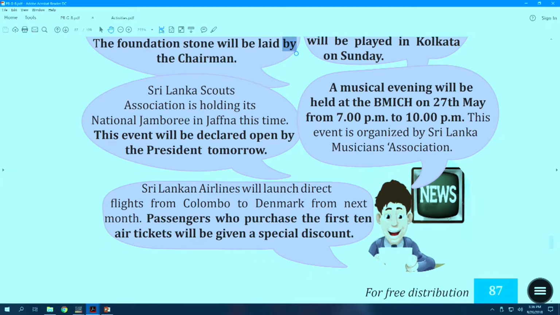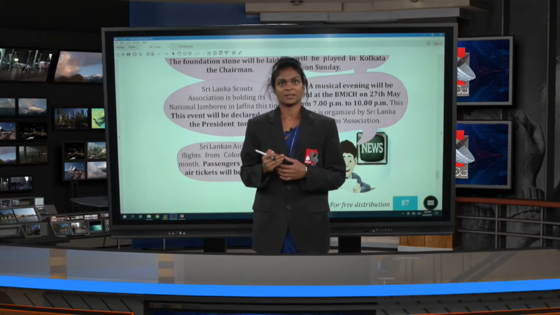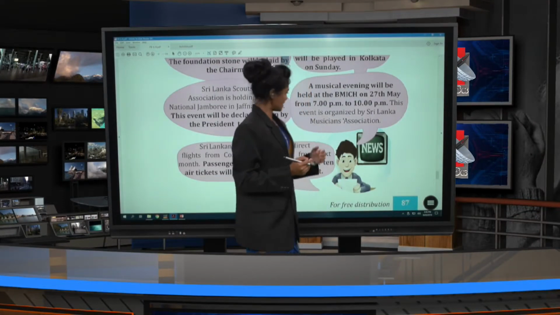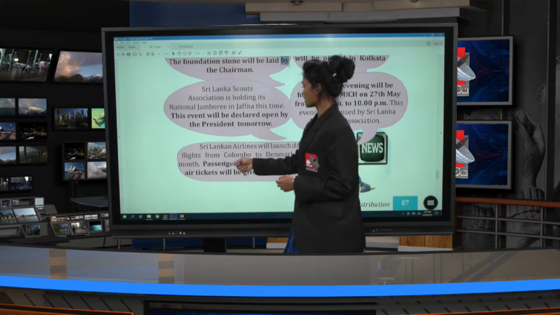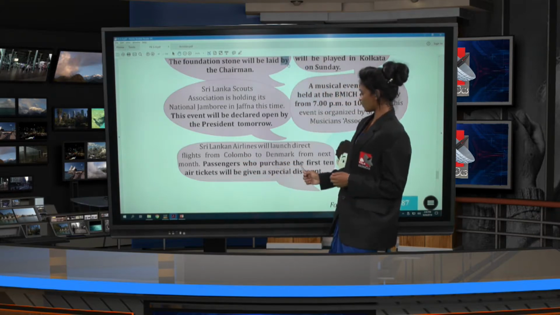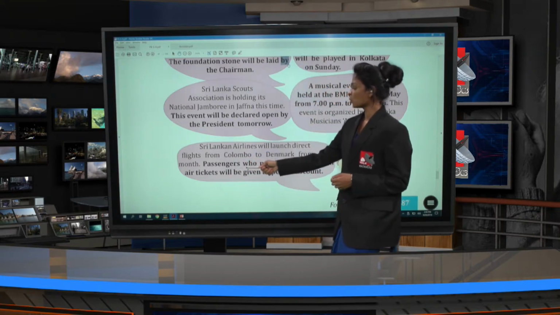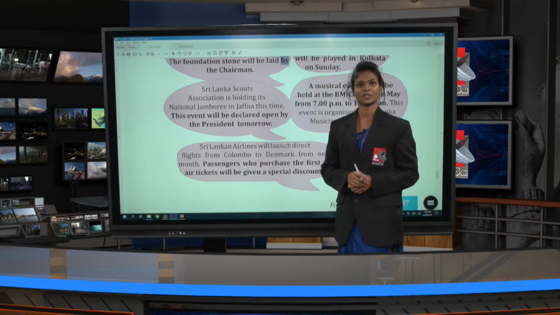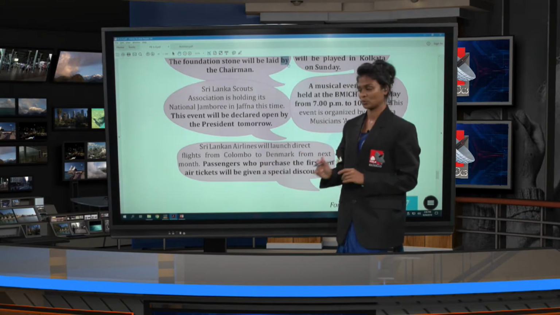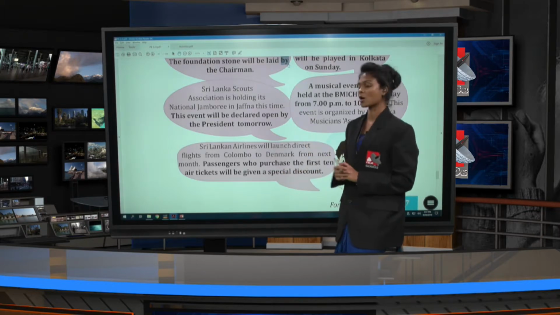Then next, a musical evening will be held at the BMICH on 27th May from 7 a.m. to 10 p.m. Then the last one, passengers who purchase the first 10 air tickets will be given a special discount.